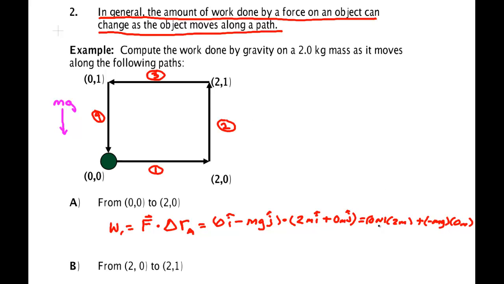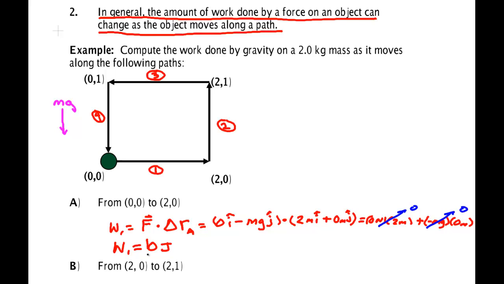Well, this is 0 and this is 0. Now you could have just as easily said, look, the force vector is down in this direction. The path is perpendicular. The angle between them is 90 degrees, so the cosine of 90 is 0. That's a perfectly good way to do this calculation too. Either way, you should find that on path 1, there is 0 joules of work done by gravity.